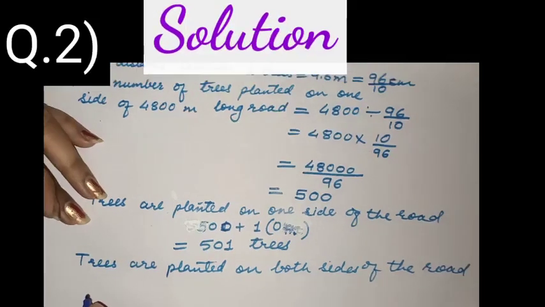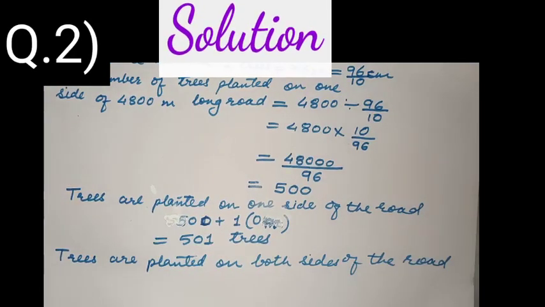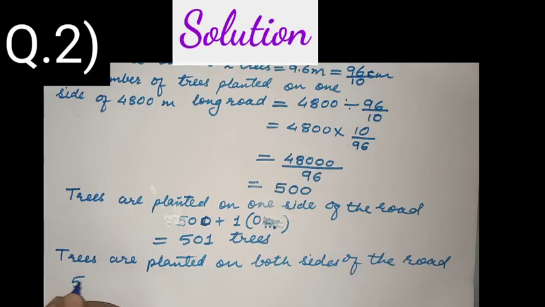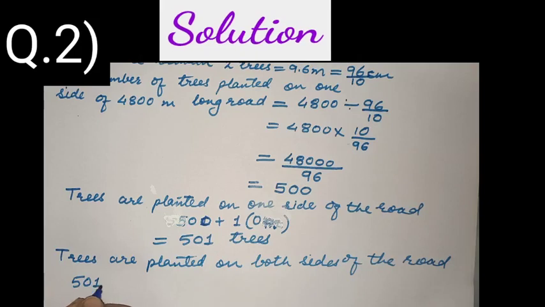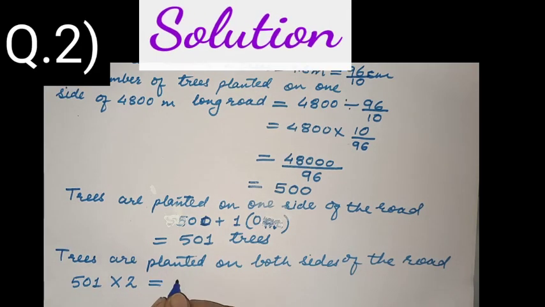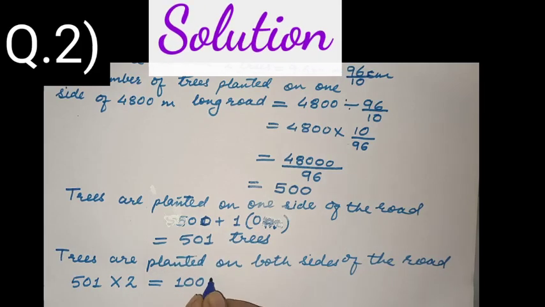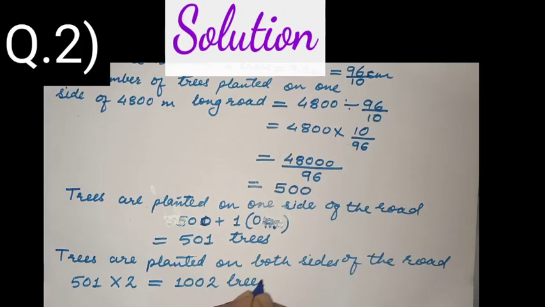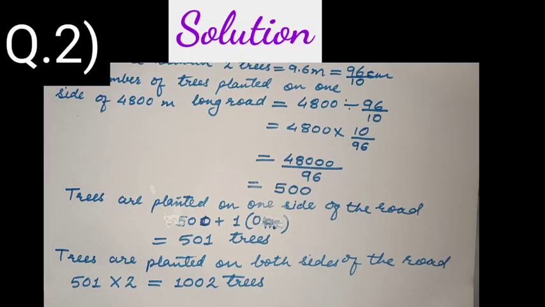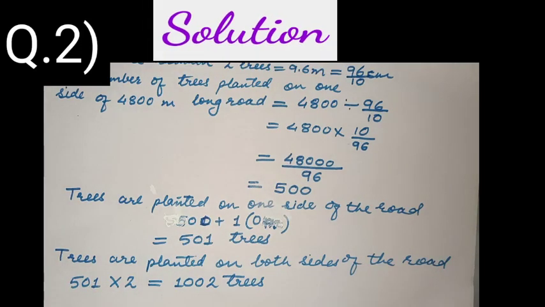How much will it be? 501, we have to multiply it by 2. Answer will be 1002 trees. 1002 trees on both sides of the road. So got the answer, children?